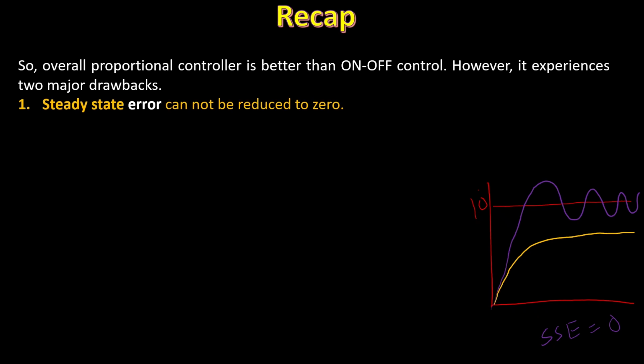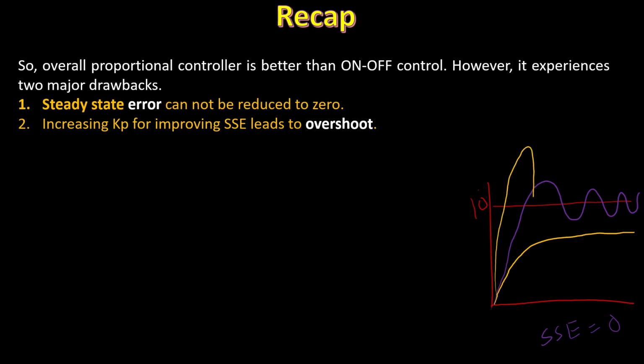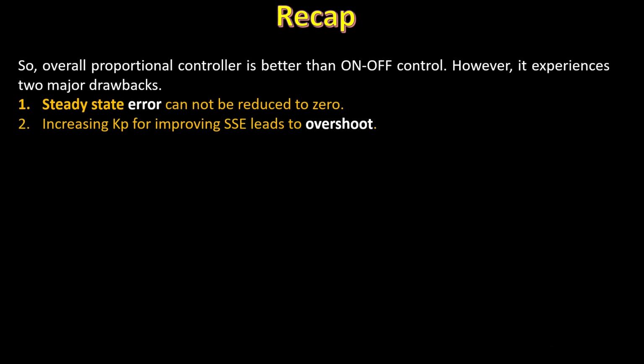One is that steady state error can be minimized but cannot be reduced to zero. And if we increase Kp further, it will create very high oscillations, but ultimately some error will still be there. So overshoot will occur if you increase the Kp value more and more. These two are the basic problems with the proportional constant Kp.